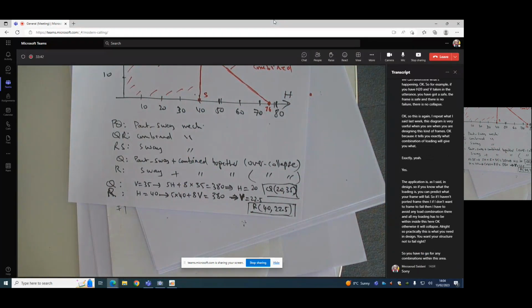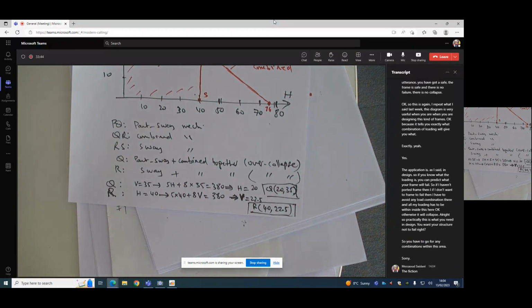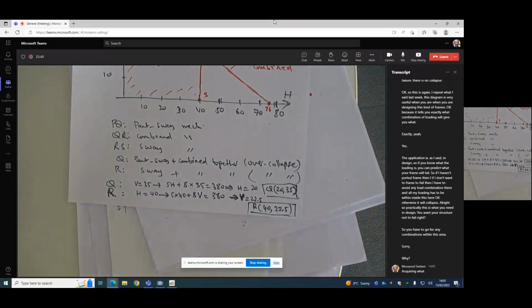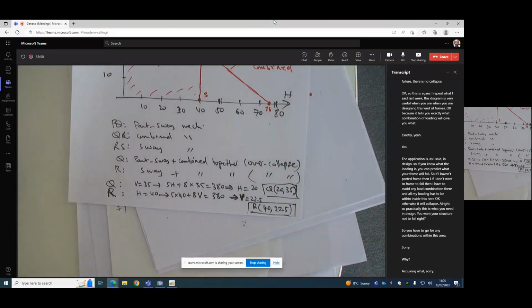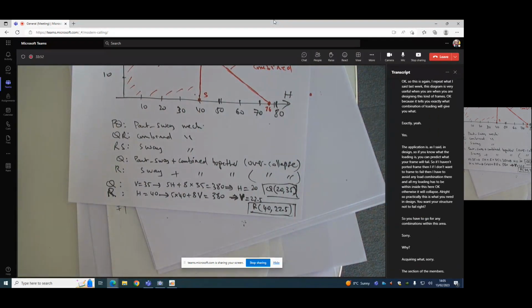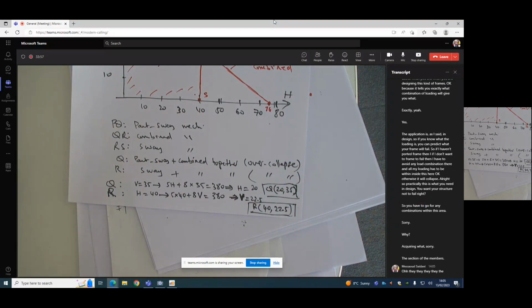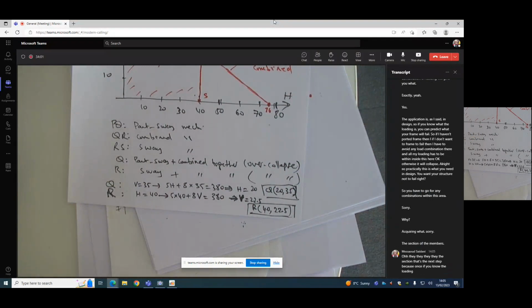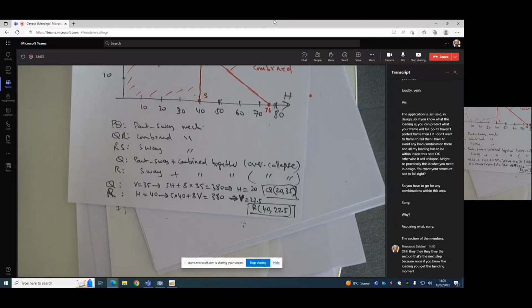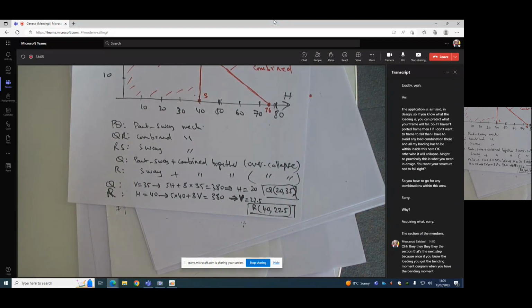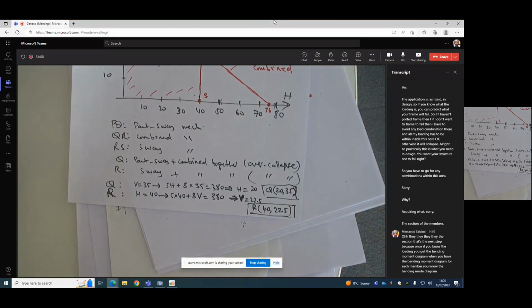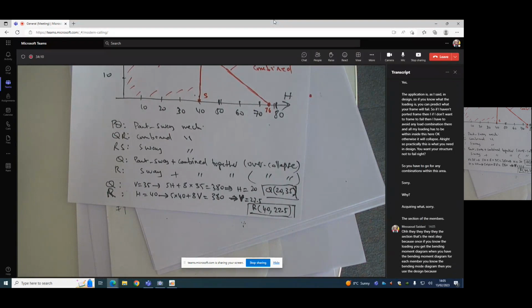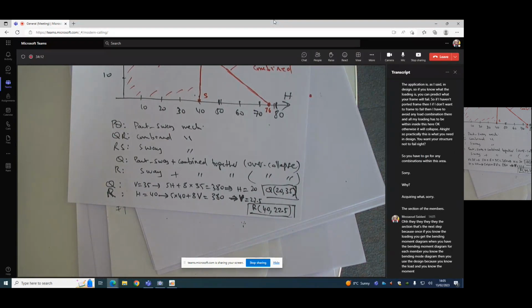Sorry? Acquiring what, sorry? The section of the members, asking how to acquire. Oh, the section, that's the next step. Because if you know the loading, you get the bending moment diagram. When you have the bending moment diagram for each member, you know the load and you know the moment, so you have the two, okay?